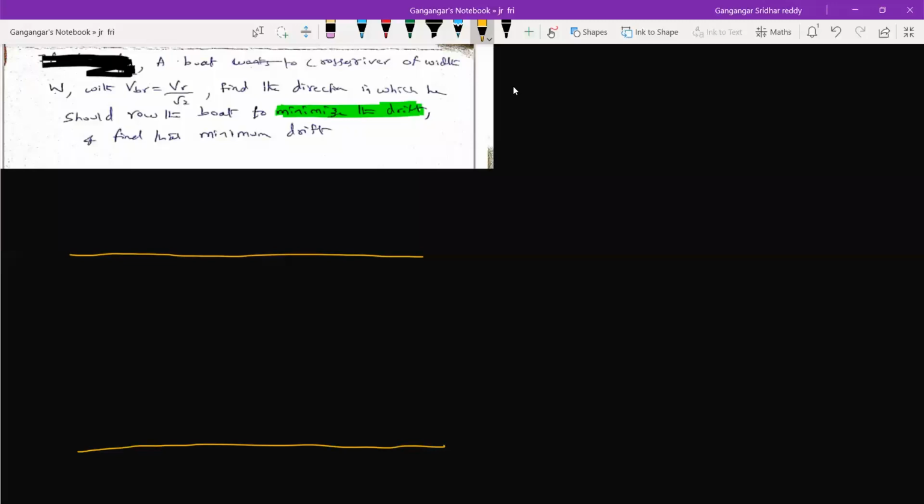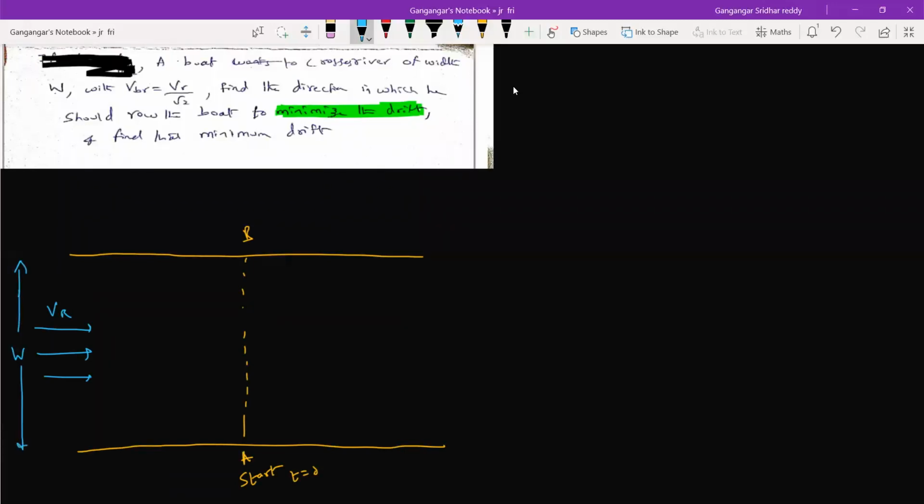That only is being asked to find out. He will start here, this is the end point. The student has to decide what direction he should row. Shall he row the boat up the stream or down the stream?